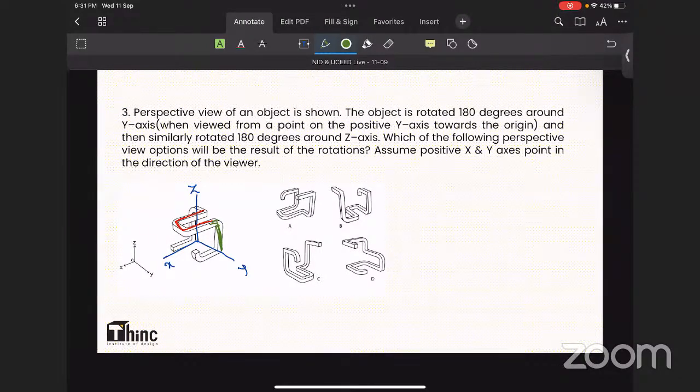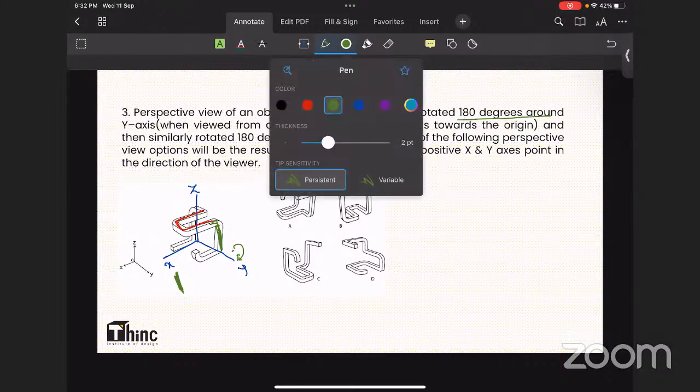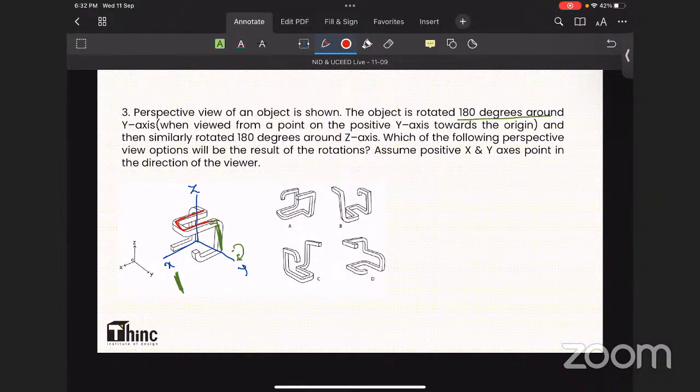So first of all, rotate 180 degrees around the y-axis. Okay, around the y-axis, we are going to rotate in this direction. So this particular line will come to the left side. Now it's on the right side. It will come to the left side, and this particular thing will be down.